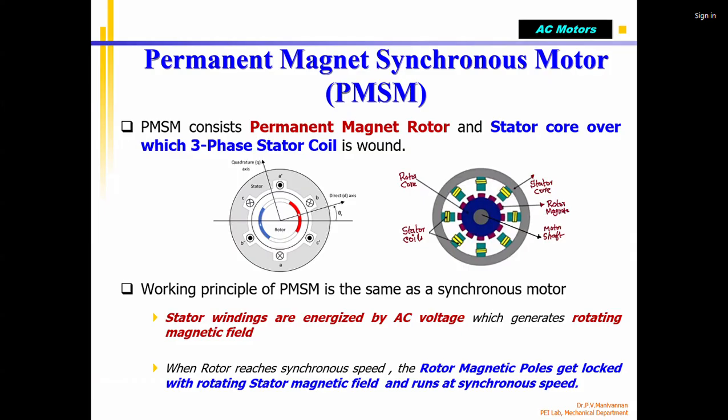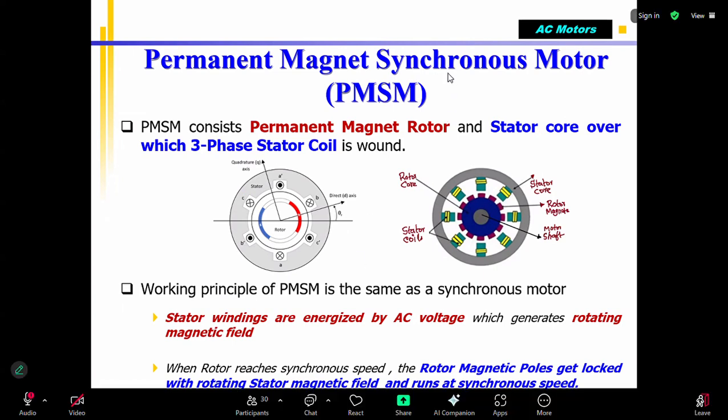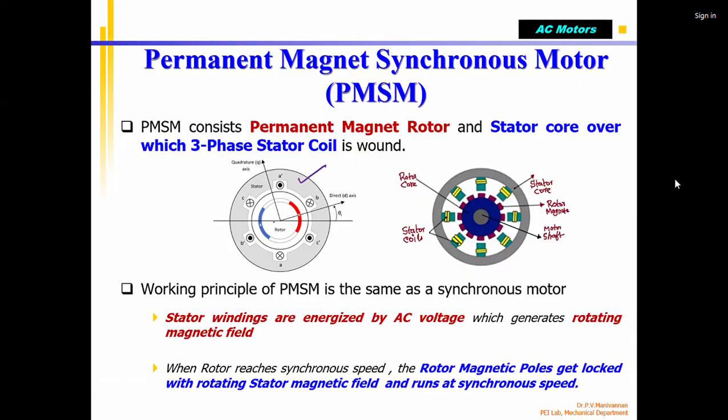Whenever you say synchronous motor, we don't call it self-starting. Self-starting is not possible in a synchronous motor, whether it is a regular synchronous or a permanent magnet synchronous motor. You give 3-phase voltage, the permanent magnet rotor will be rotated so that Ns will be the same as Nr. Correct? The speed of the rotor will be the same as this. Then it gets magnetic lock.